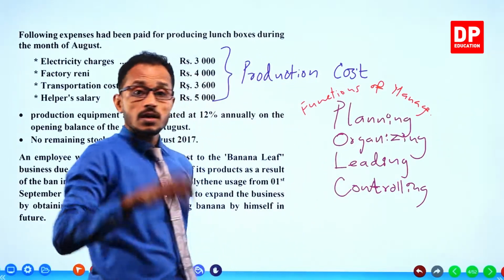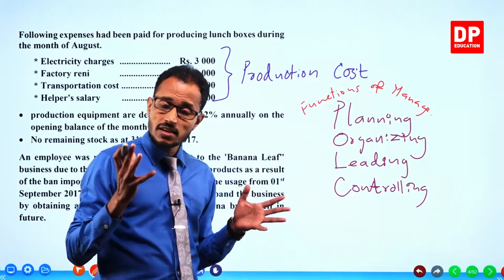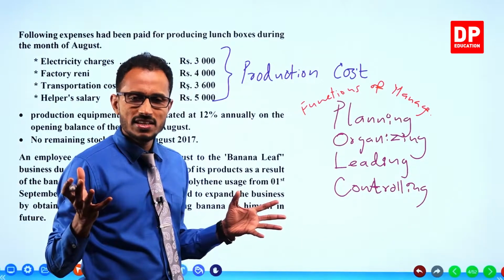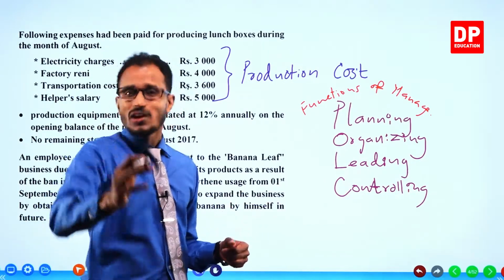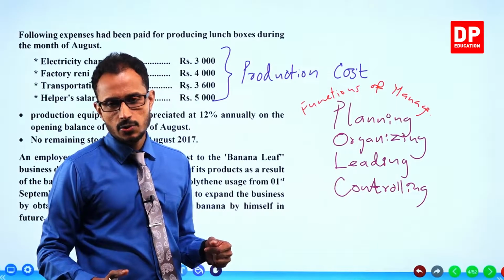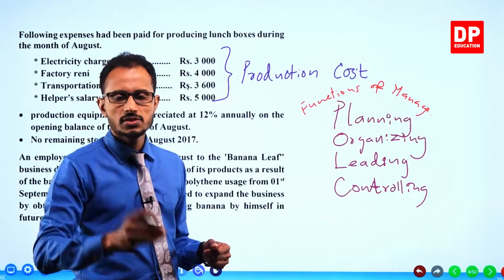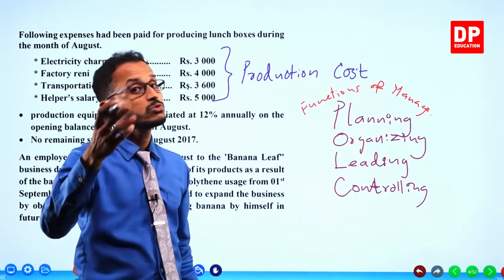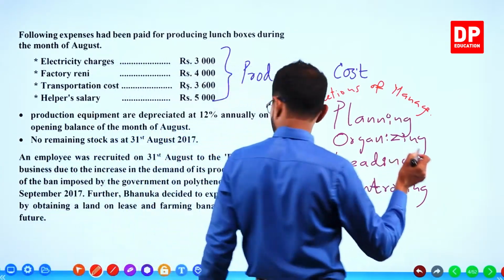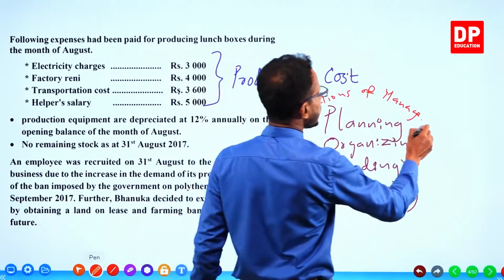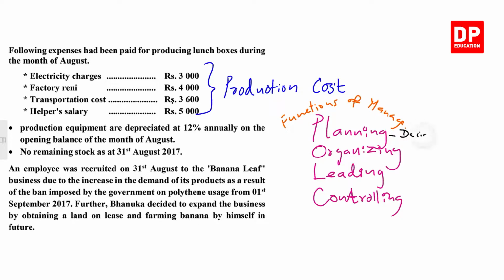Right? There are specific wordings, terms, which are normally given in the paper, that you can notice, and to categorize those activities under each function, you can use those words. Example, for planning, words like decide or design.